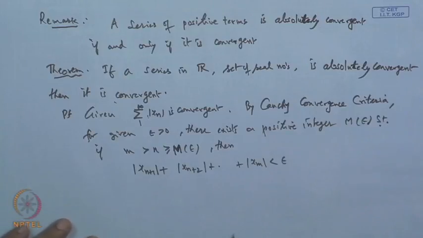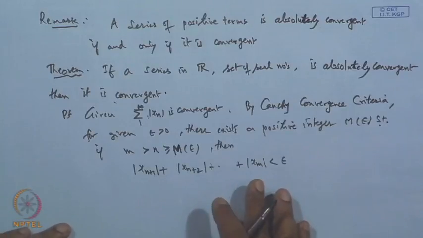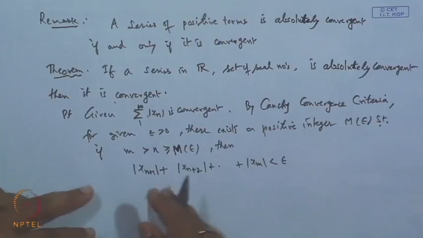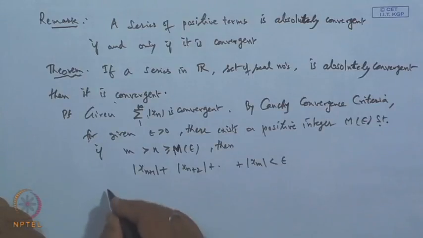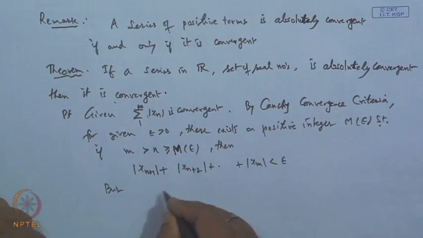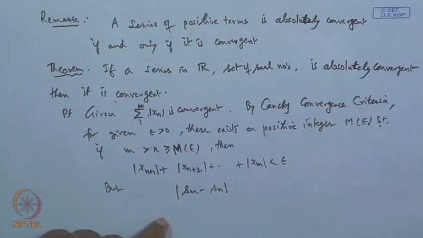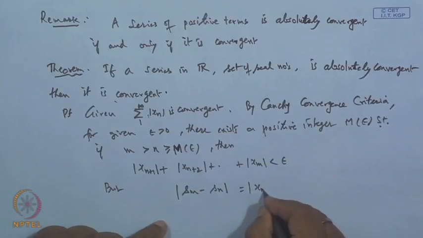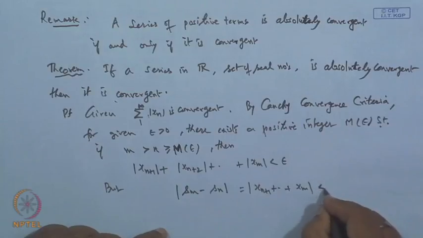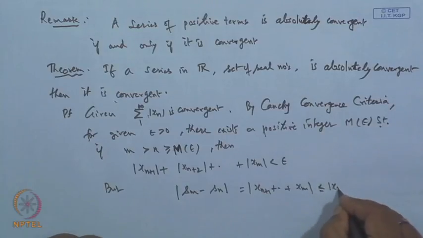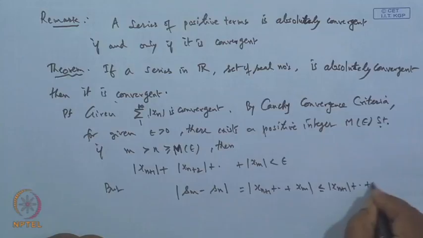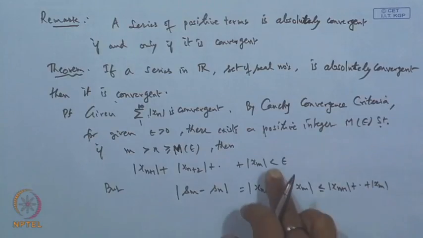But what is the mod of Sm minus Sn? This is the mod of x n plus 1 up to x m, which is less than or equal to mod of x n plus 1 and so on up to mod x m by the triangle inequality, and this is less than epsilon.